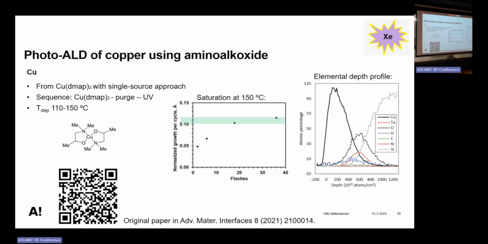We had this precursor, then UV after that, also reaching saturation around the same growth rate as for the tantalum oxide. These copper films were also quite pure. This is a depth profile with the different elements present in the film, and this was deposited on tantalum oxide film. That's why we have tantalum and oxygen enriched at the silicon copper interface.